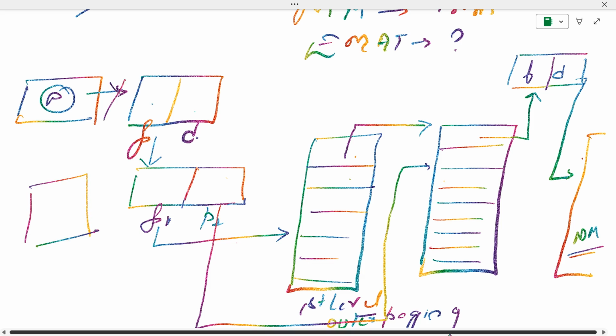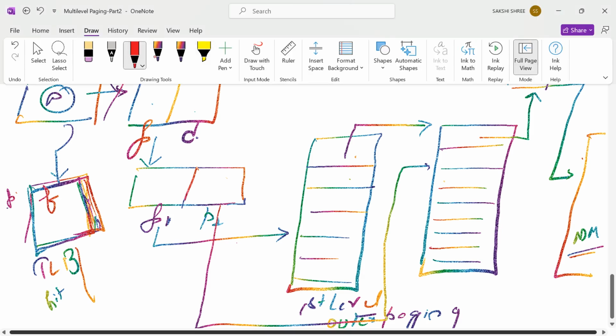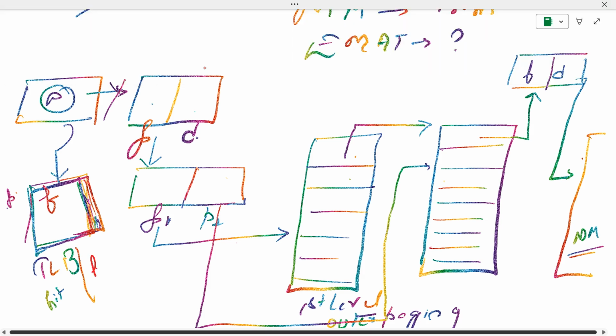So now instead of looking into here, the processor will be looking into the TLB, translation look-aside buffer, which contains some frequently referred pages along with the frame number in which the page is present. So let's say if it is a hit, corresponding to the page number P, we are getting the frame number.